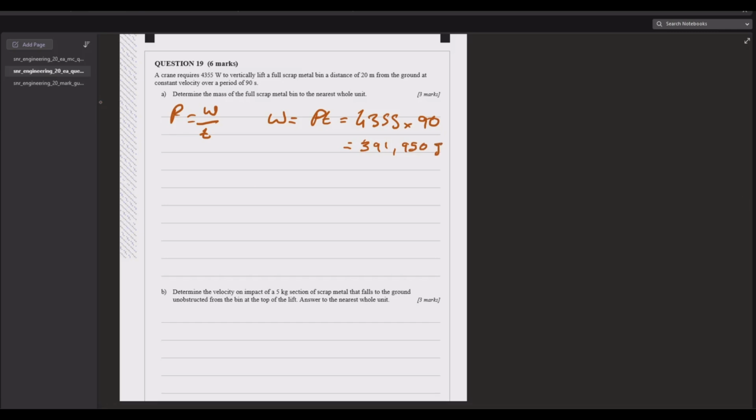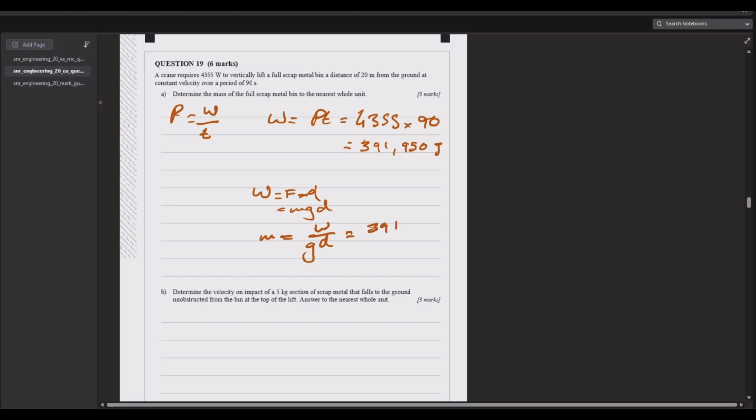And we know that work equals force times distance, and we're going to sub in right here and just do mgd, rearrange for m, W on gd. It's going to give us 391,950 over 9.8 times 20. It's going to give us 2,000 kilograms.